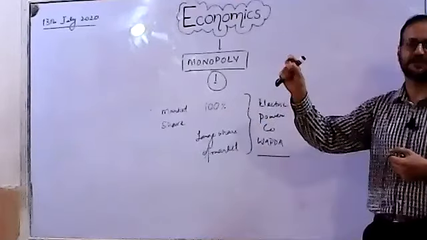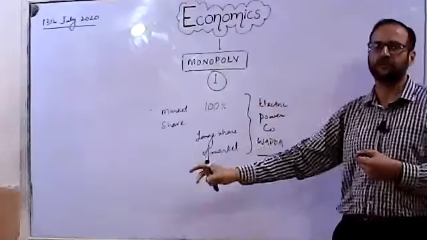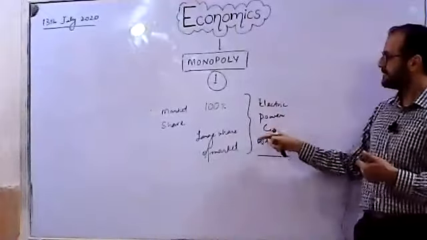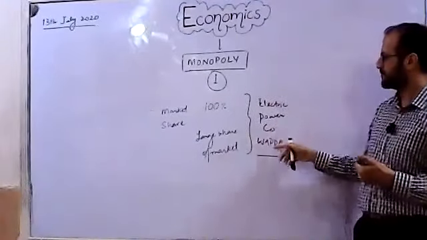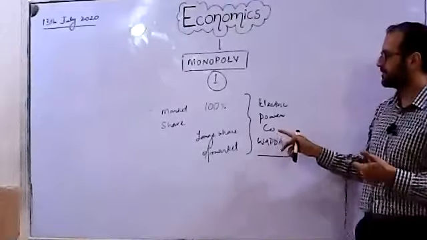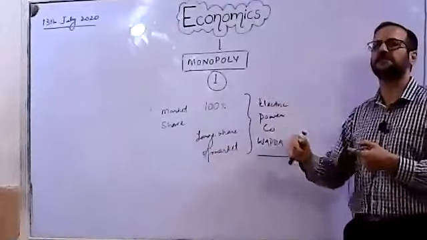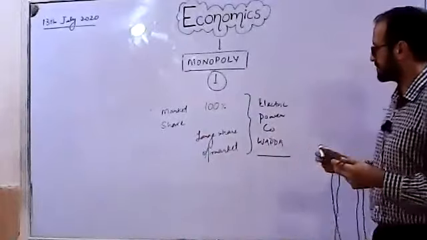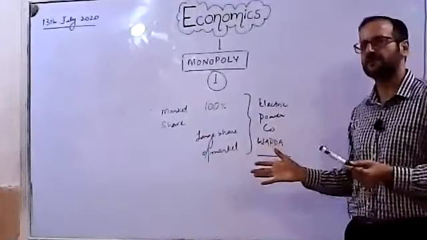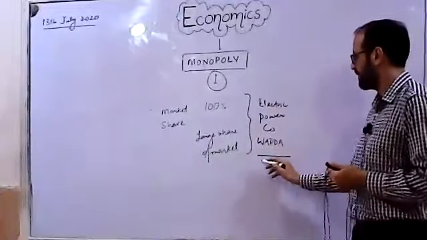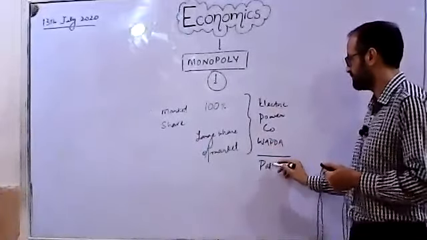Maybe KEC is small and only provides to Karachi, but the type of organization we are highlighting right now is taking the larger share of the market. So we can say that it's a monopoly. Okay, what else? We have many other examples around us, like Pakistan Railways.